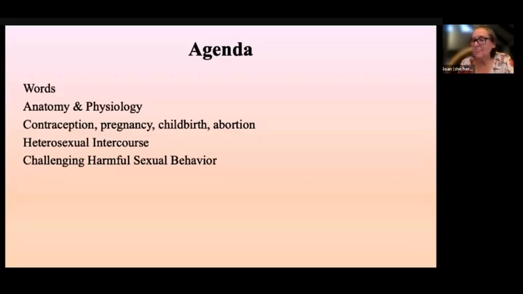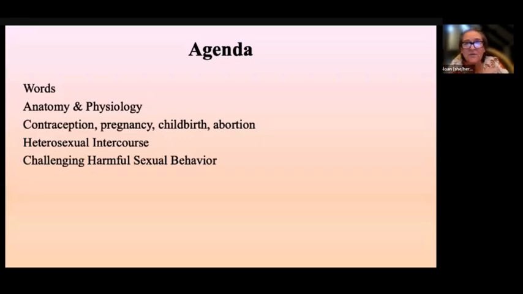So the one thing about doing human sexuality and reproductive health education is that we have to be comfortable with words, with descriptions of sexual behavior, and we have to understand how human sexuality works.